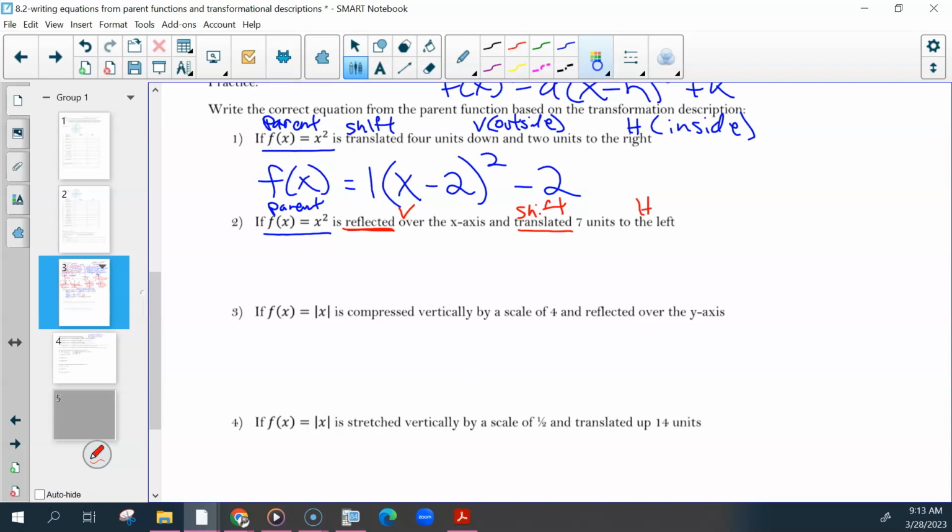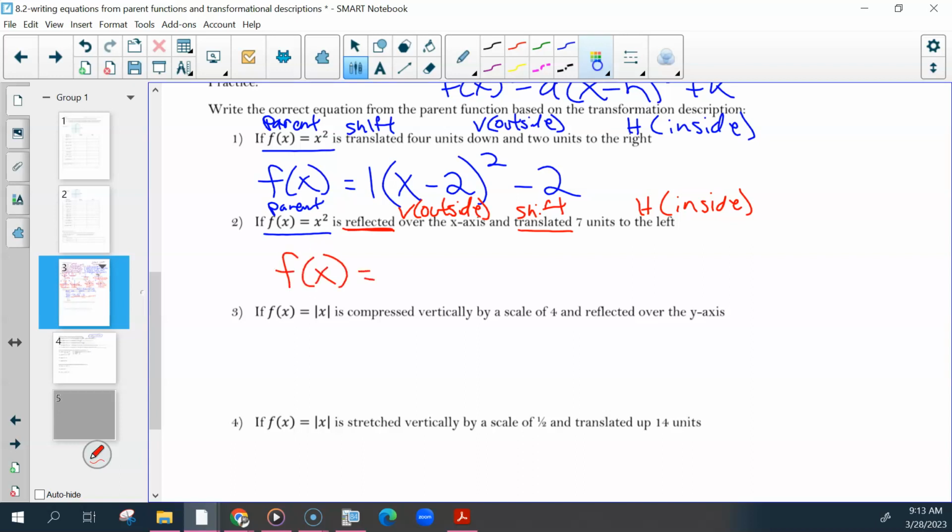So now you have your outside things, and you have your inside things. Those words are interchangeable. So when we were describing them, we were talking about them as shift instead of translated.